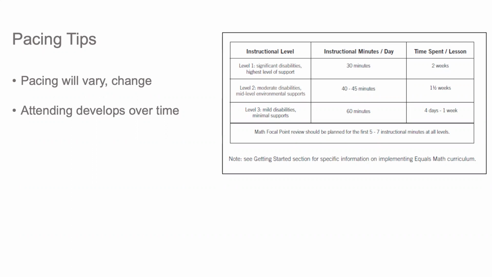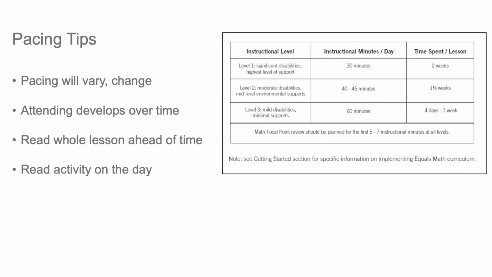Something else I experienced firsthand was to read the entire lesson once, all the way through, prior to teaching that lesson. And then from that point forward, only focus on the 1 to 2 activities that you plan on teaching for that day. Additionally, just pull those materials that you need for those 2 activities so that you're not cluttering your instructional space.